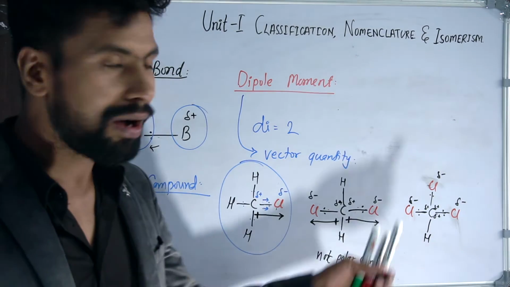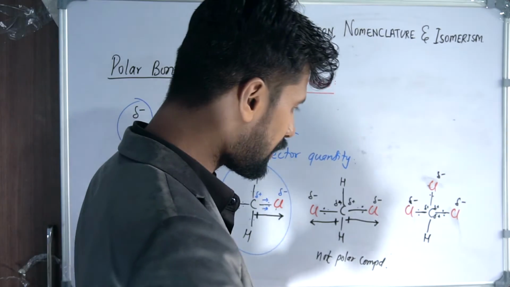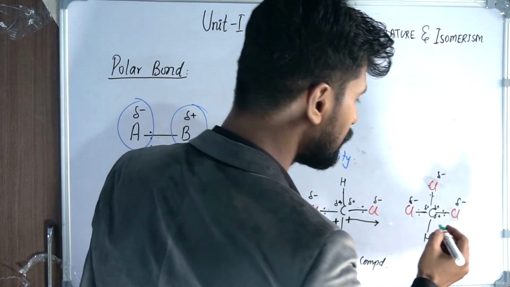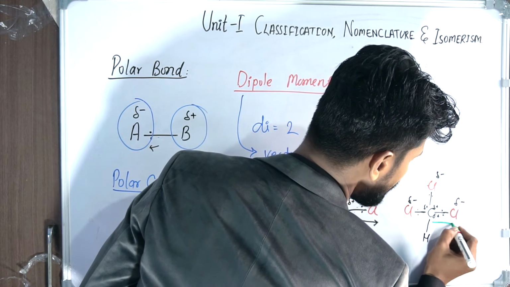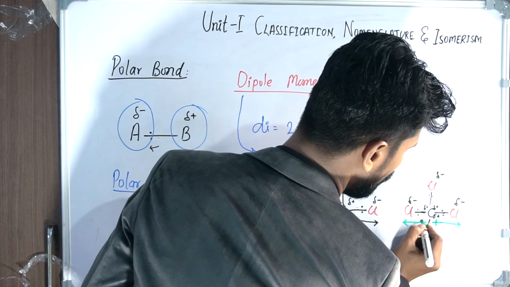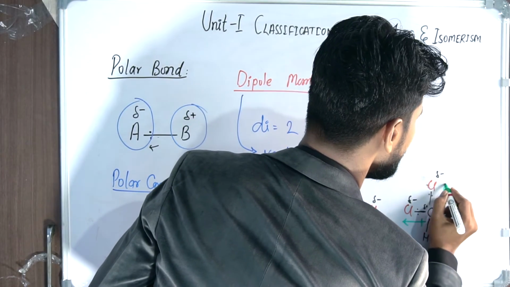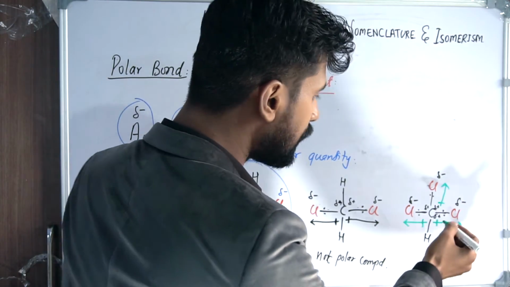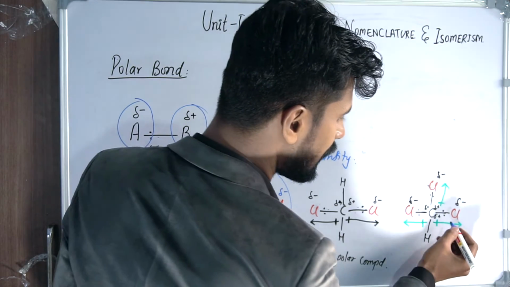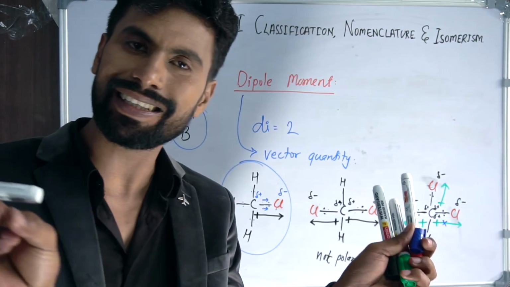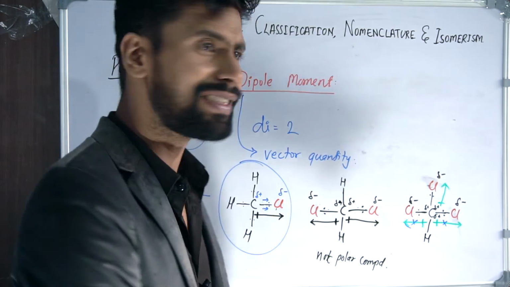So if you draw the dipole moment for this one, for all these three polar bonds, what you get is: this is one dipole moment, this is another dipole moment, and this is another dipole moment. Now if you see here, these two will cancel each other because they are in opposite directions. But what about this one? This is still there.